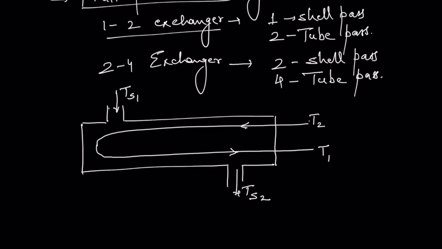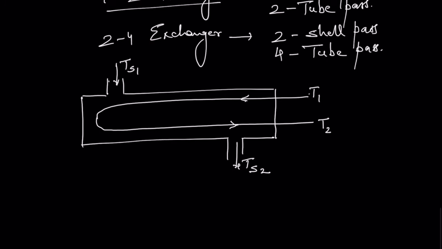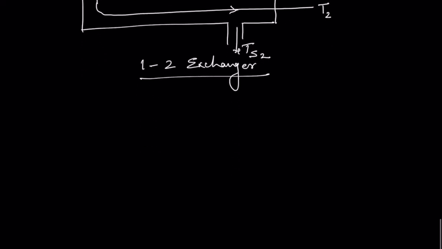Suppose the upper one is its entrance, T1, this is T2. So this type of heat exchanger is the 1-2 exchanger. And how about 2-4? How will the 2-4 temperature look like?